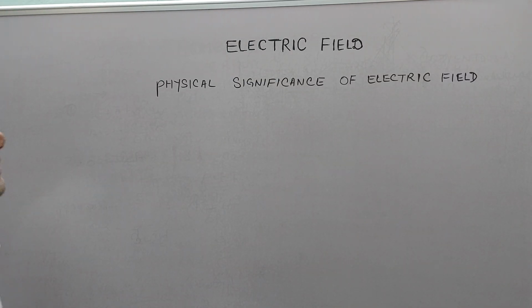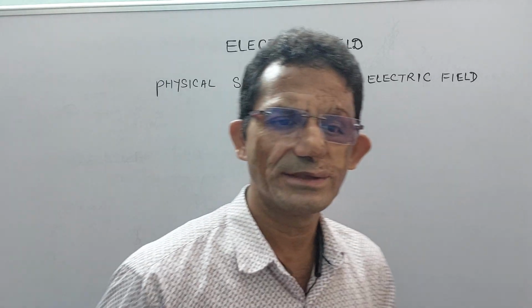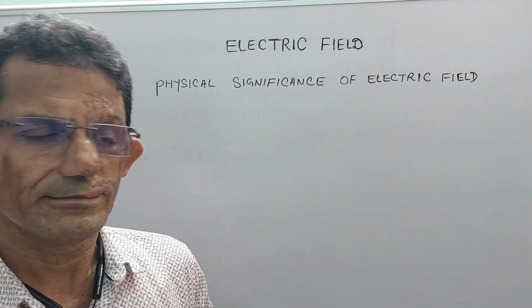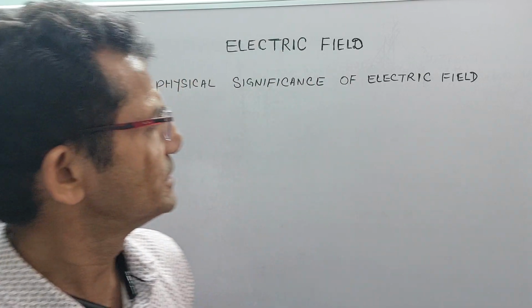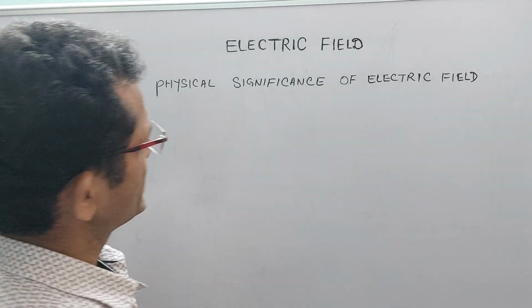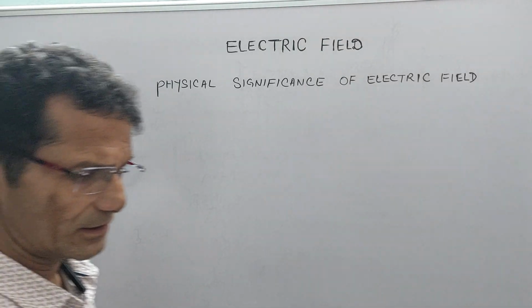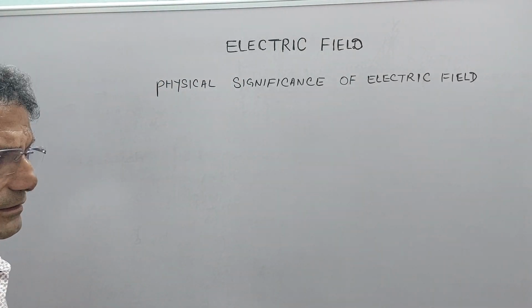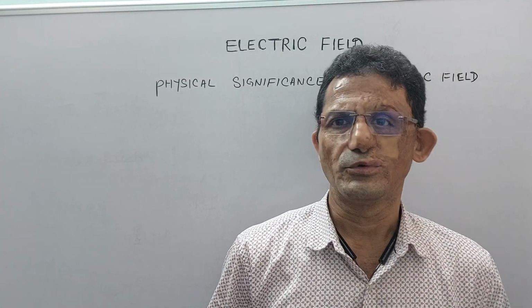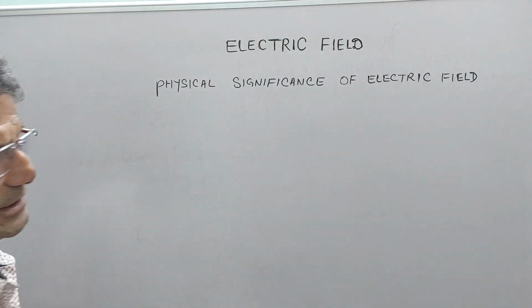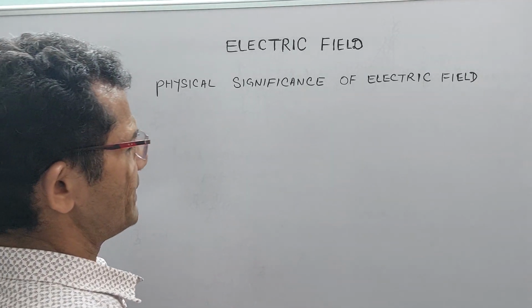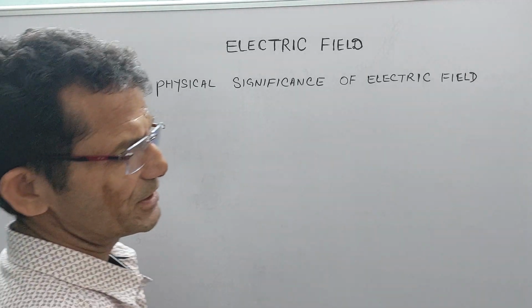Now, what is the physical significance of the electric field? It is very important for understanding the mechanism of forces between two charges. Coulomb had not explained how the force is applied by one charge on another charge. It is the electric field which explains the mechanism of forces between two charges.